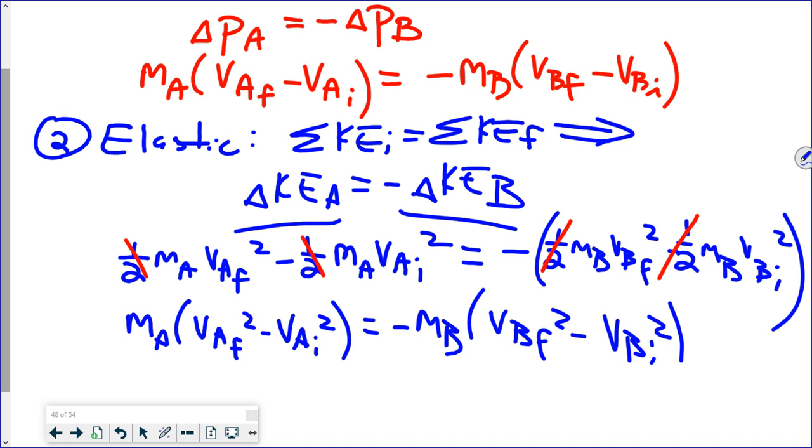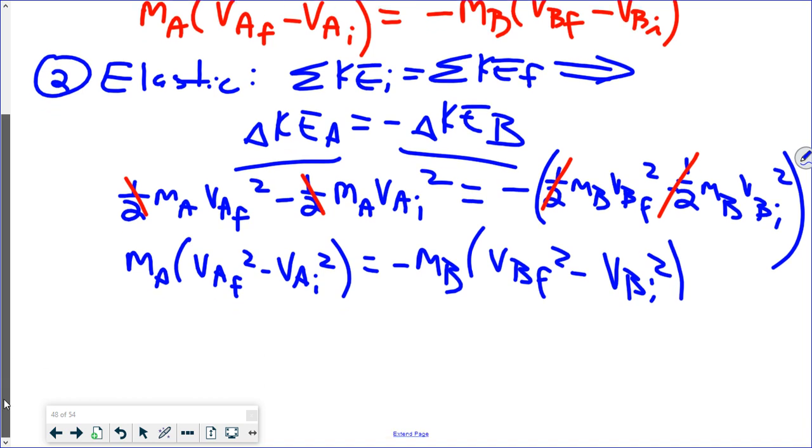And I know, because I took algebra, that this is a difference of squares, right? VAF squared minus VAI squared, that's a difference of squares.